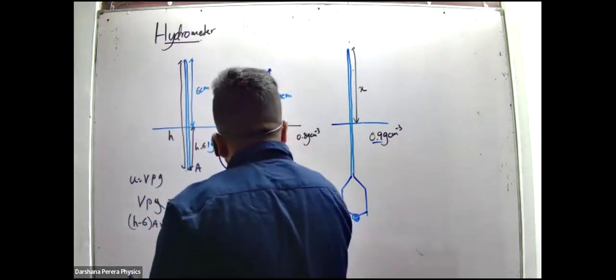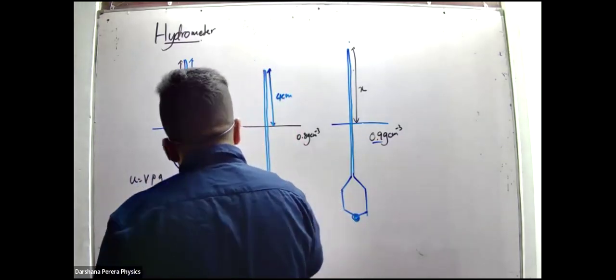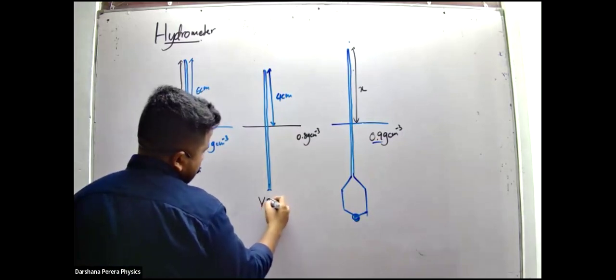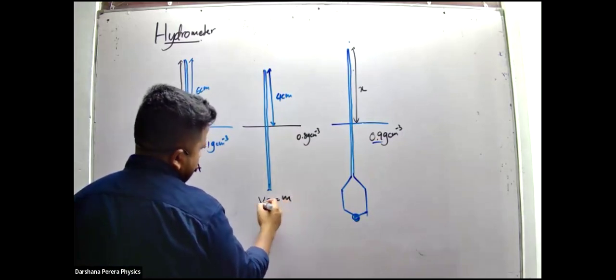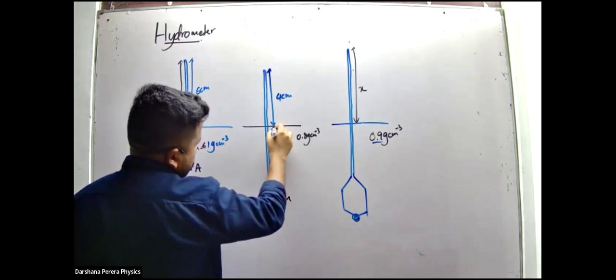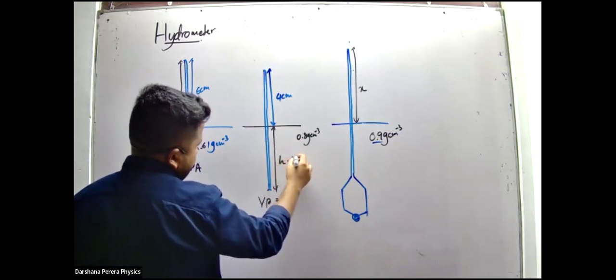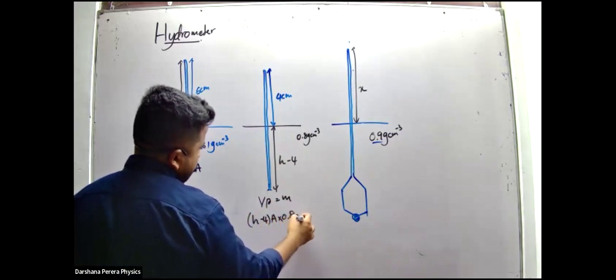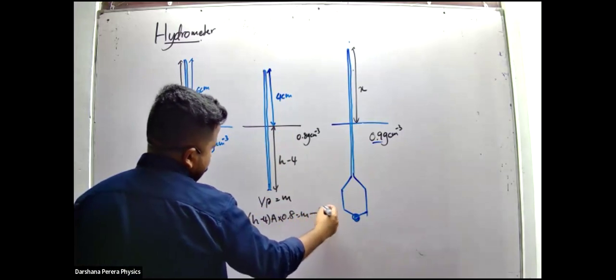Consider this case: U equals V rho g, V rho g equals m. V means h minus 4, into A, into 0.8 equals m. It's number 2.